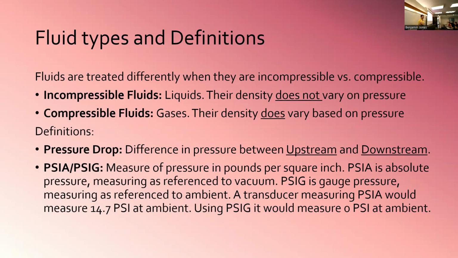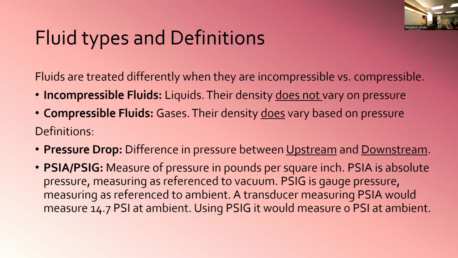PSIA versus PSIG. If you're taking thermo, you'll probably know what the difference is, but essentially you have absolute and gauge pressure. Gauge pressure is what our pressure gauges measure. It's measured with reference to ambient pressure.